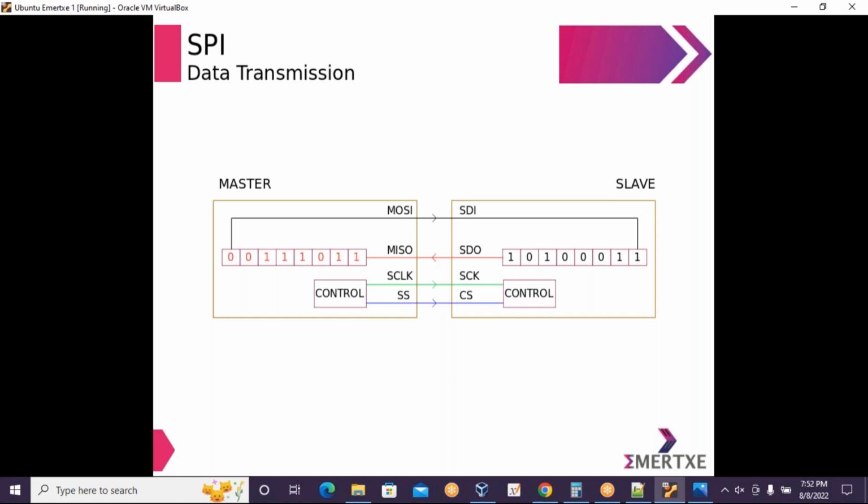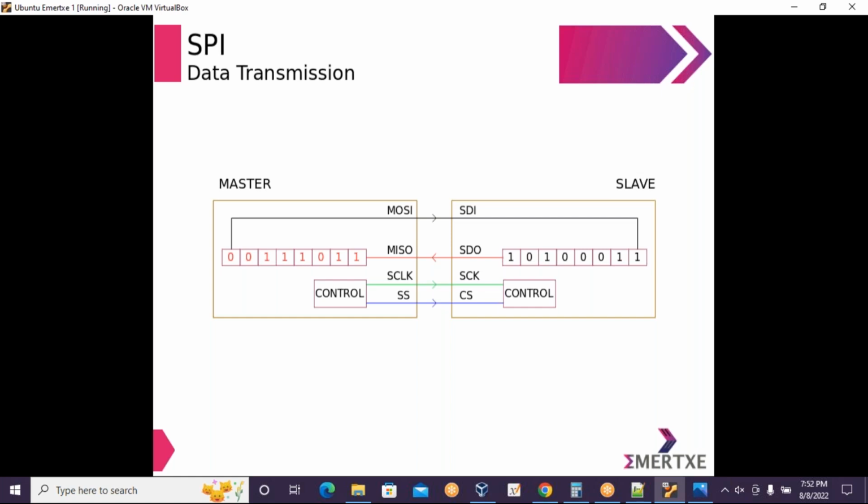What he gets back is of no concern because it is not required. So at the same time 3B gets shifted to the master as well, but the master doesn't need that 3B, so he can just ignore it.